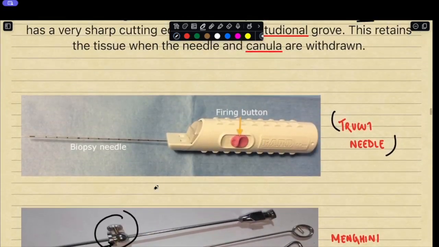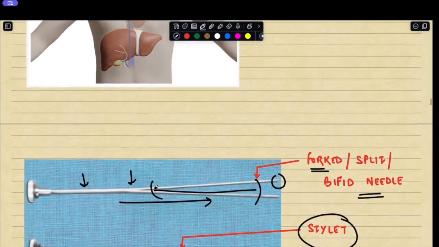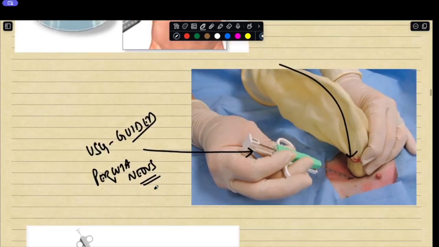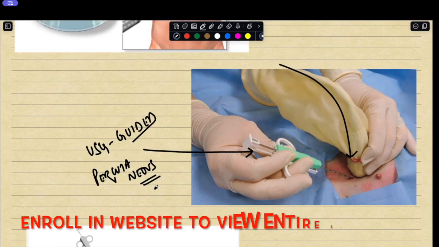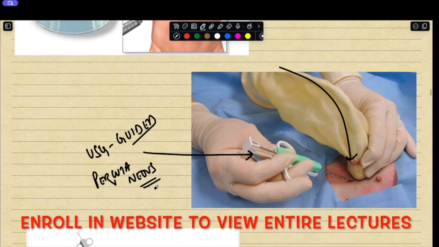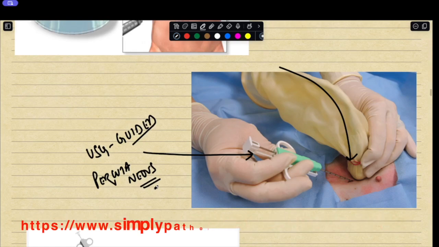Now remember one thing, the liver biopsy procedure is not that important for a pathologist, because the pathologist seldom performs the procedure. It is mainly the clinician, the hepatologist or the gastroenterologist who has done the DM in the field, or the surgeons, who usually perform these procedures. So a lot of detail about the procedure is not required.